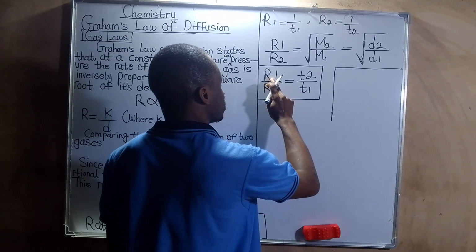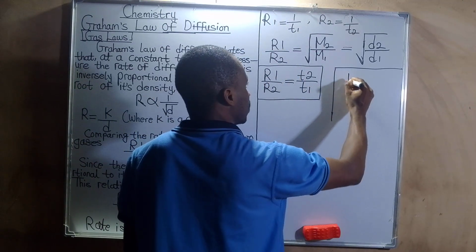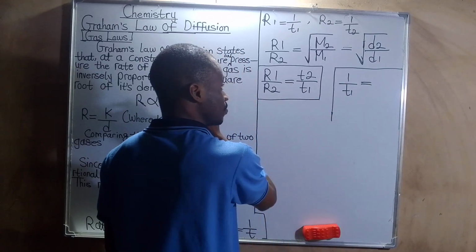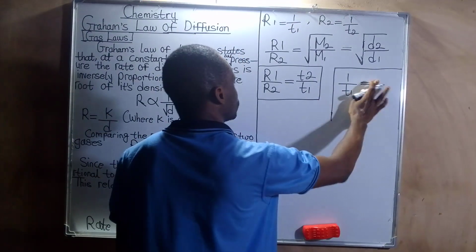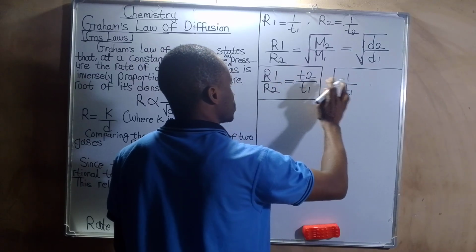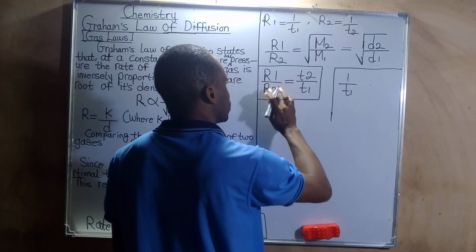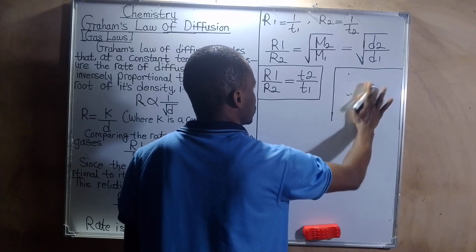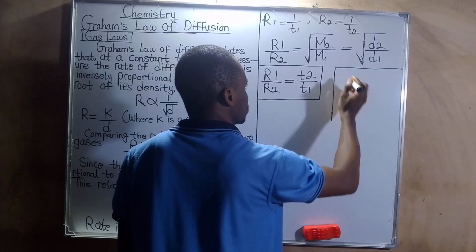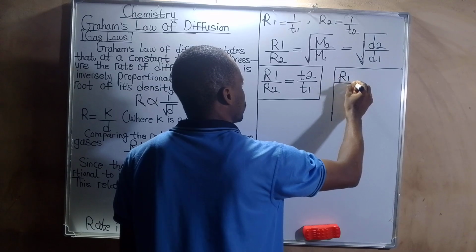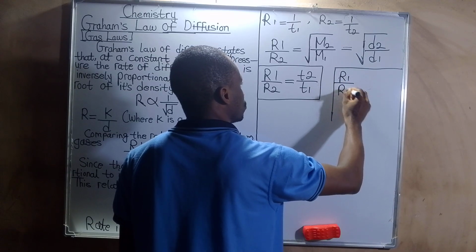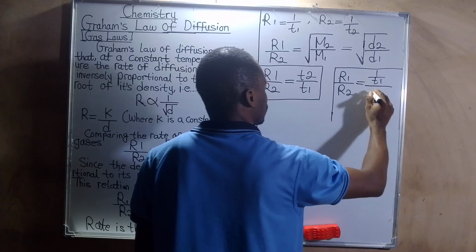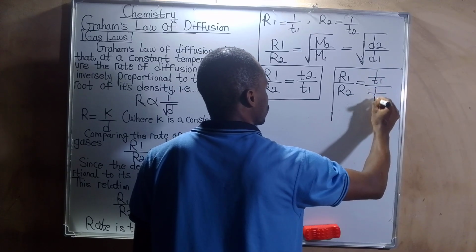Now, this is what you do. Your R1 is 1 over T1. Let's write it the very way you understand it. R1 over R2: your R1 is 1 over T1 all over 1 over T2.